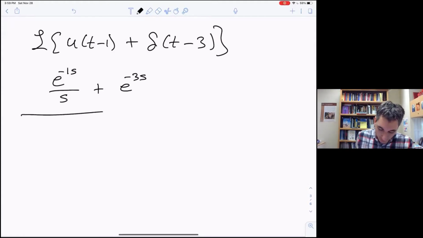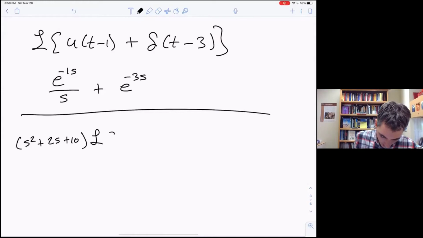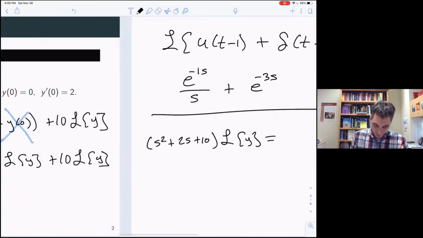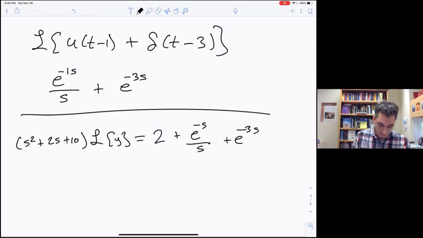So if we put these two bits together, we're going to have (s² + 2s + 10) times L of y. There was a minus 2, so that's going to add 2 on the other side, e to the minus s over s plus e to the minus 3s.